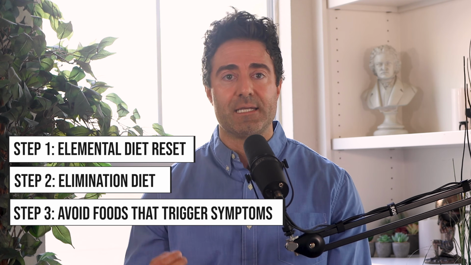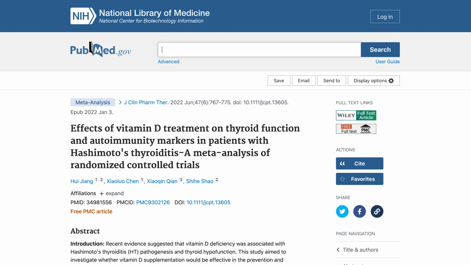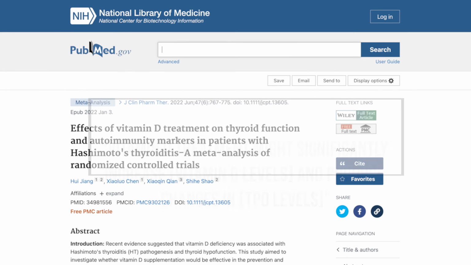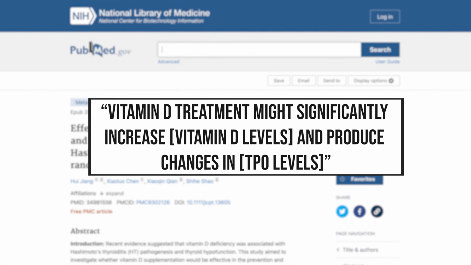Another simple and inexpensive therapy or nutritional supplement here, really a hormonal supplement, is vitamin D. A meta-analysis summarizing 6 randomized control trials looking at about 250 participants with Hashimoto's thyroid autoimmunity found that vitamin D supplementation led to a roughly 150-point reduction in TPO, or thyroid peroxidase antibodies.